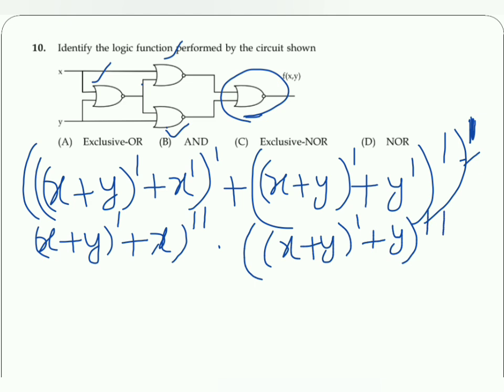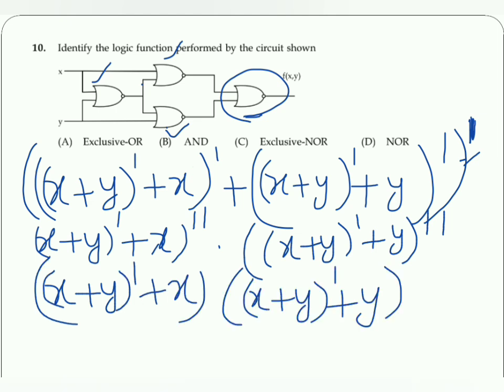Here the double complement gets cancelled. Now (x plus y) whole dash plus x and (x plus y) whole dash plus y.